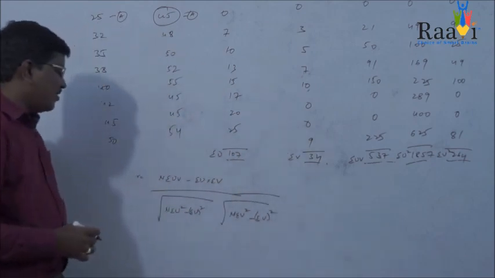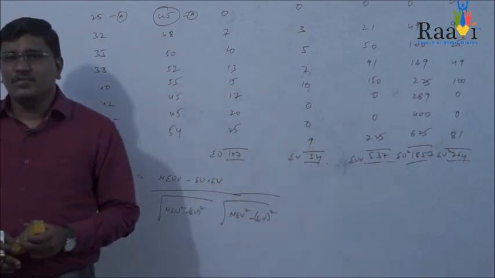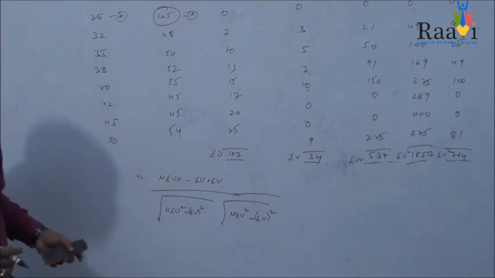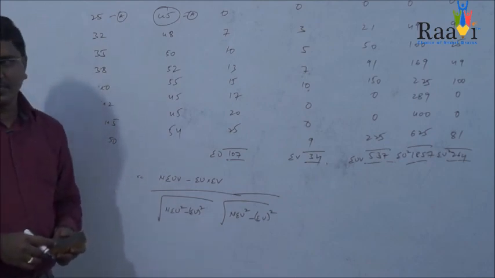This is the formula of the Karl Pearson coefficient of correlation.